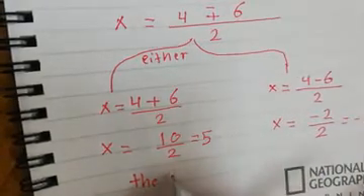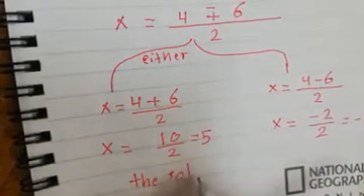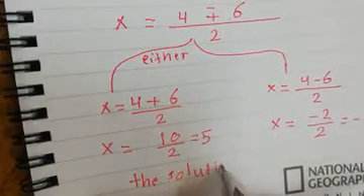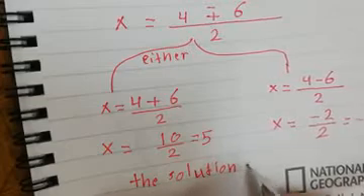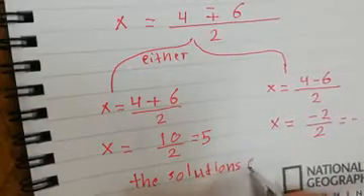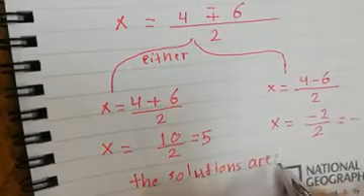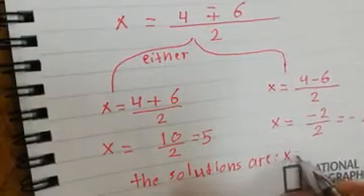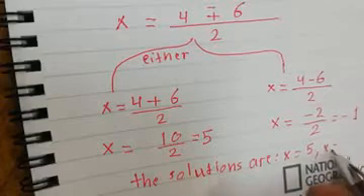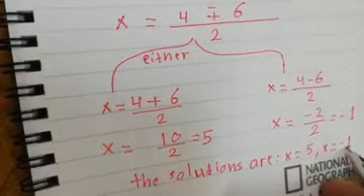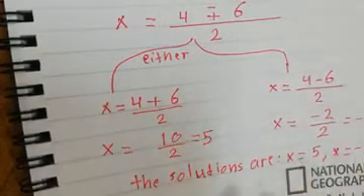So the solutions are x equal 5, and the second solution is x equal negative 1, and that's all.